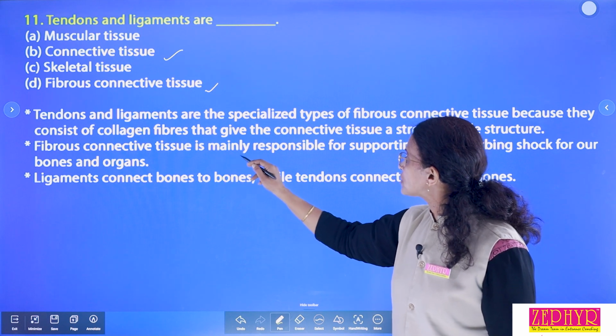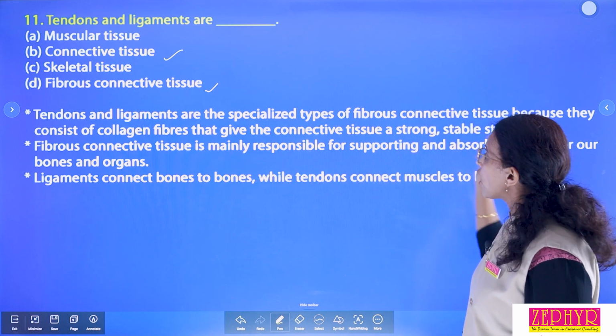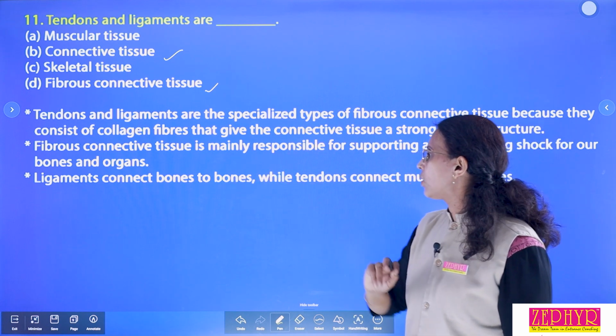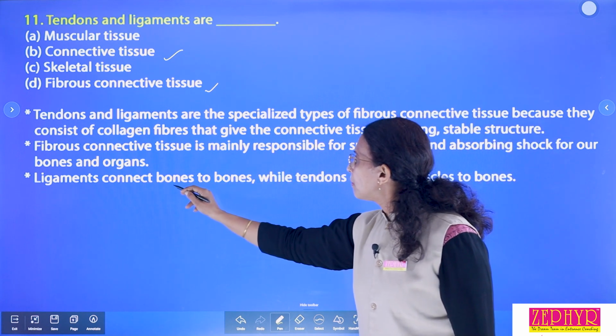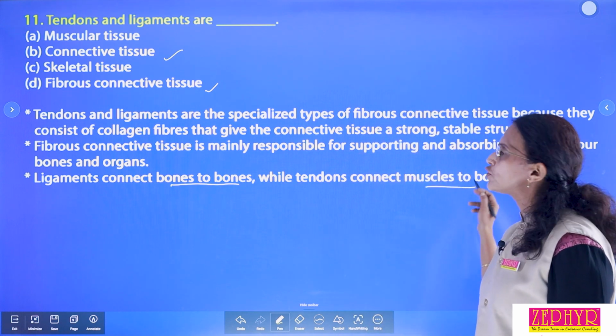Fibrous connective tissue is mainly responsible for supporting and absorbing shock for our bones and organs. Ligaments connect bone to bone, while tendons connect muscle to bone.